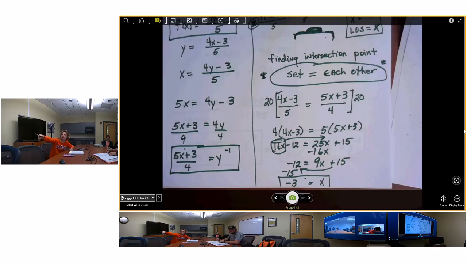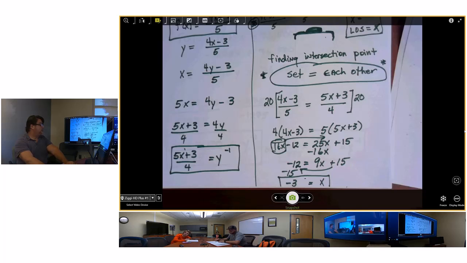What is that right under 4 times 16? 16x? I distributed 4. I just couldn't read the 16.